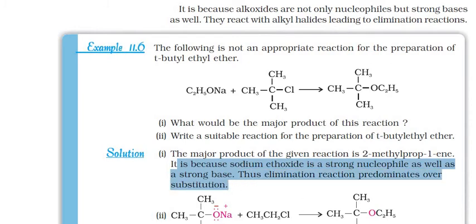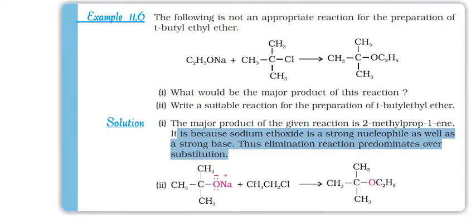So what happens if you want to prepare tertiary butyl ethyl ether? In that case, you need not take the tertiary halide, but you need to take the tertiary alkoxide. That is what I explained in the previous video.